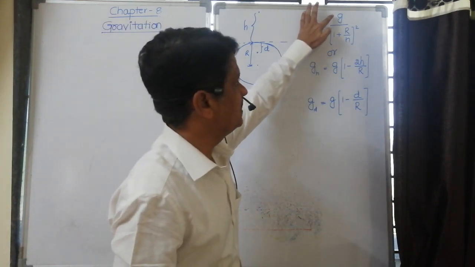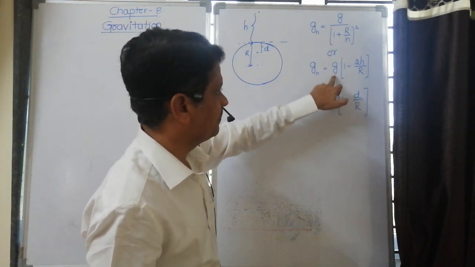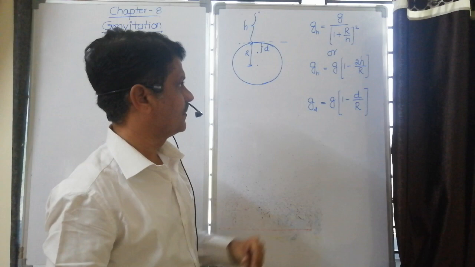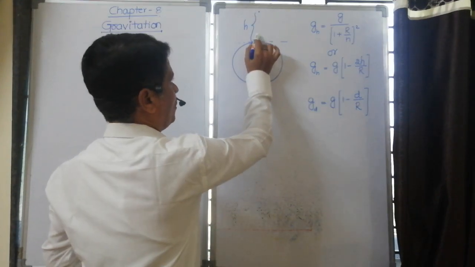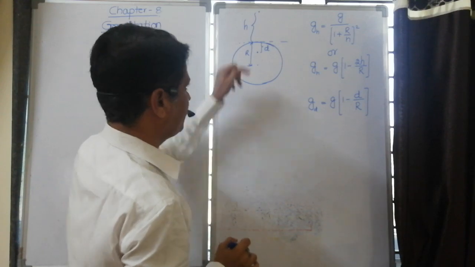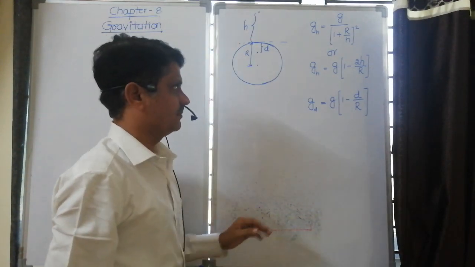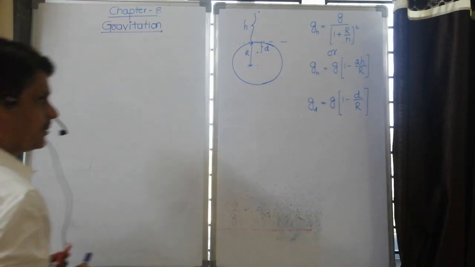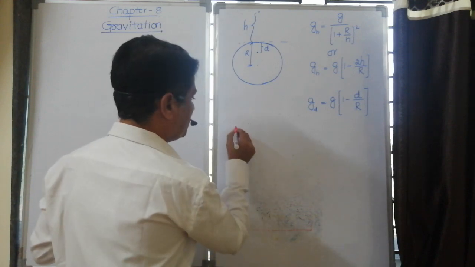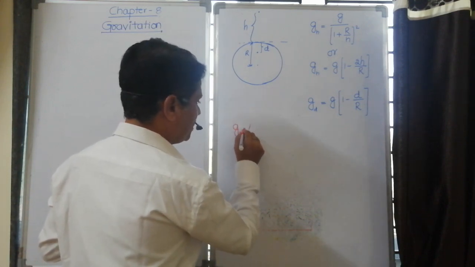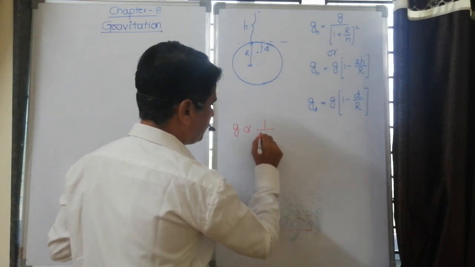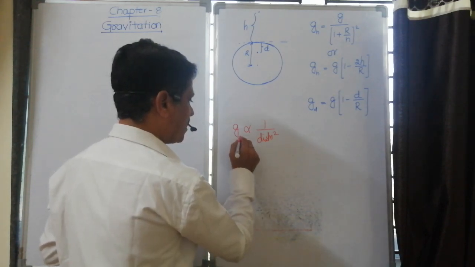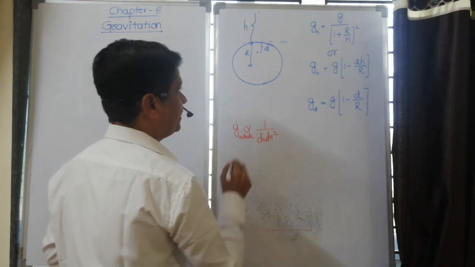In both, this g is nothing but acceleration due to gravity on the surface of the earth. And in both, if you go above the surface of the earth or below the surface of the earth, g goes on decreasing. And also, we come to know above the surface of the earth, g is inversely proportional to square of the distance, that is outside the surface.